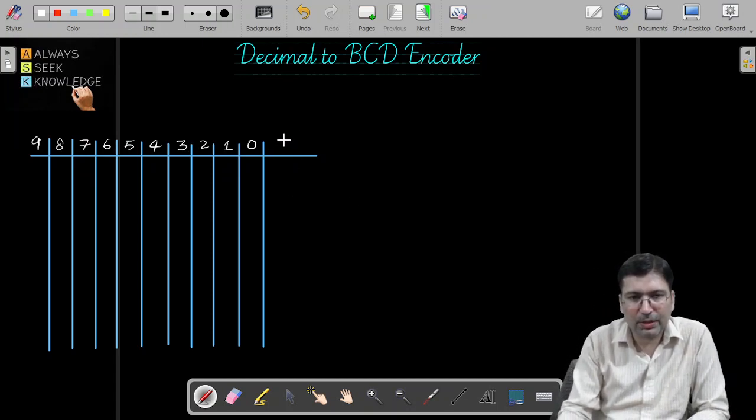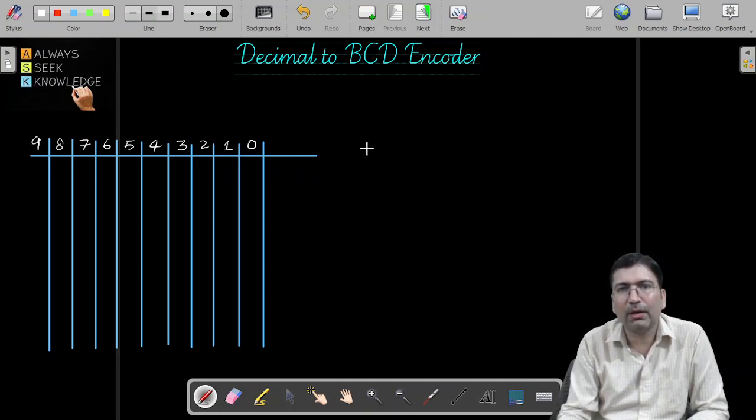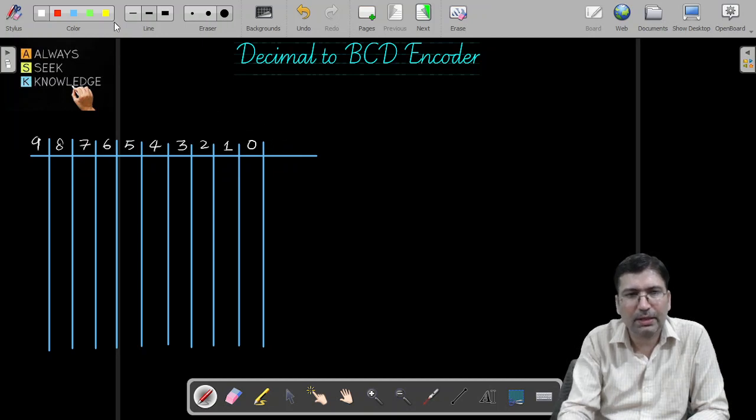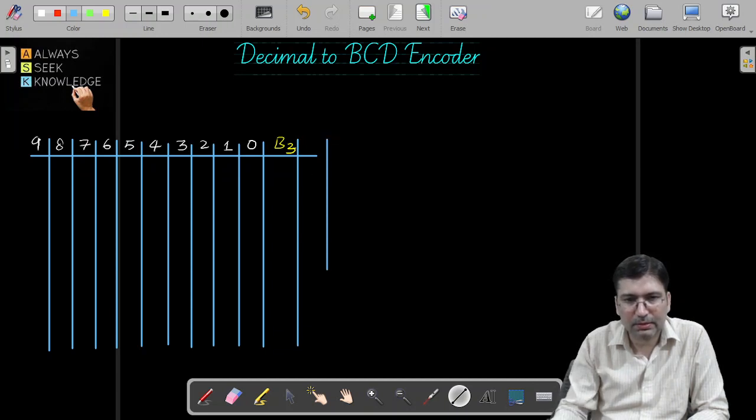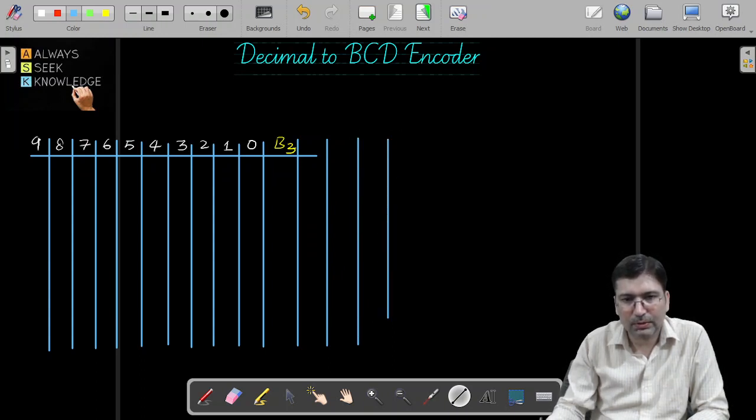Those bits you can represent as y3, y2, y1, y0, or I will take them as b3, b2, b1 and b0.